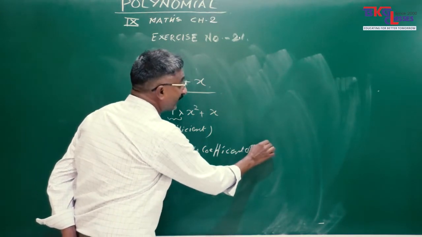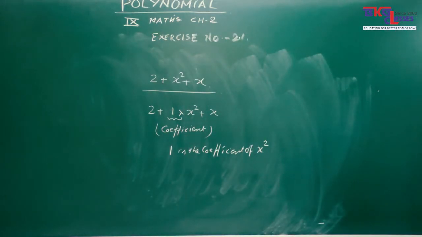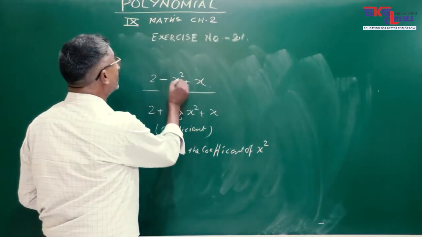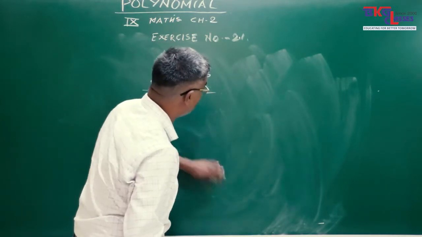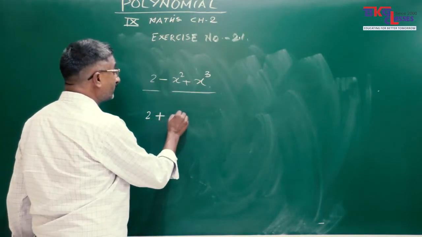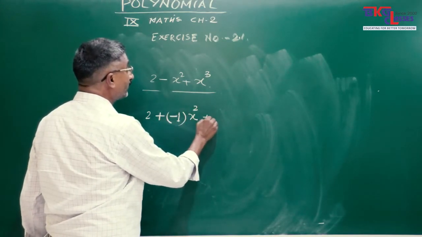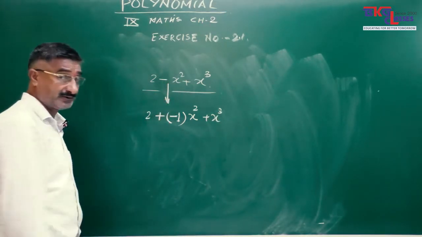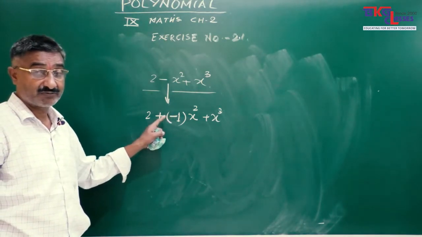Second one, that is 2 minus x square plus x cube. So, here again 2, I will write plus minus 1 into x square plus x cube. Can I write like this? In the earlier classes we have seen plus into minus is equal to minus.